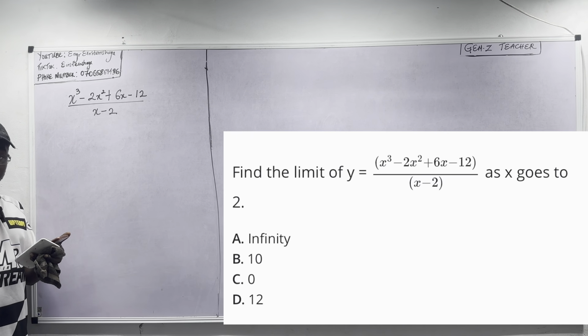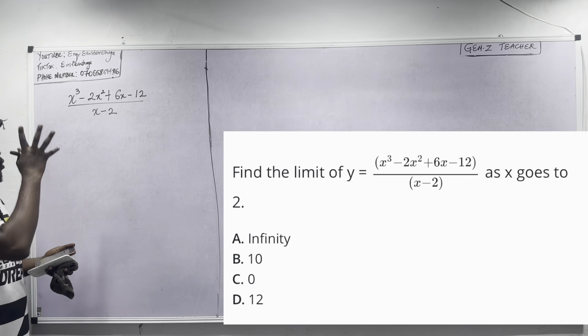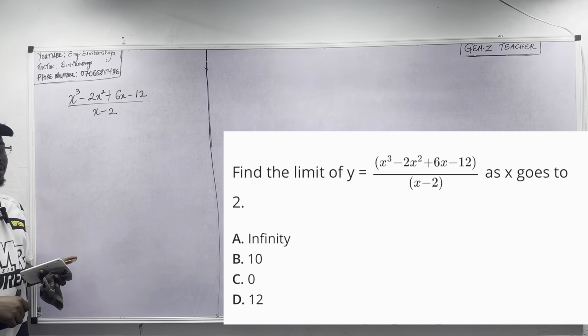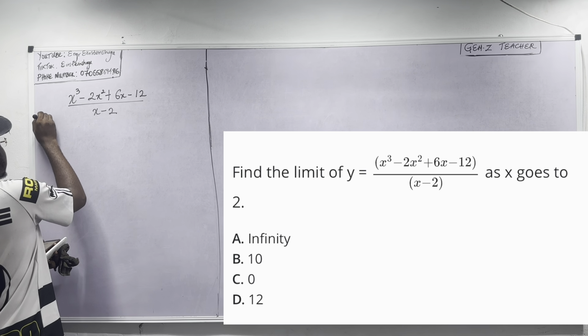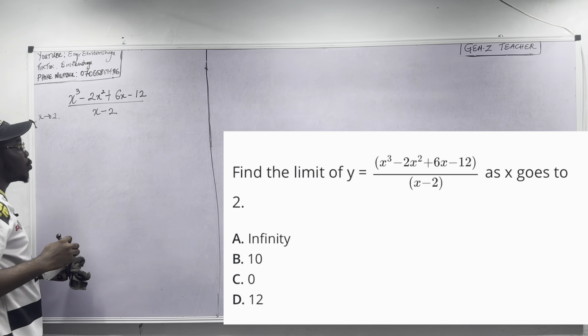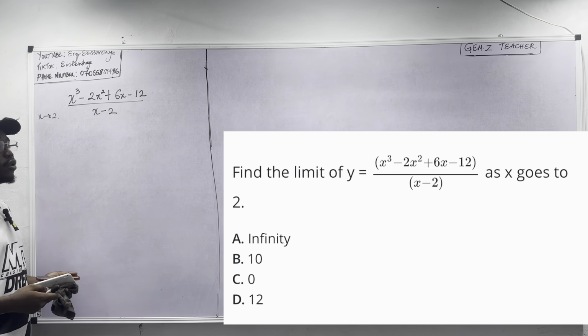Find number 28. Find the limit of y equals this function, as x goes to 2. Now, ideally, in limit questions, you just apply the value into the function, okay?